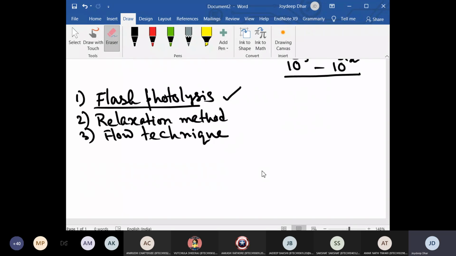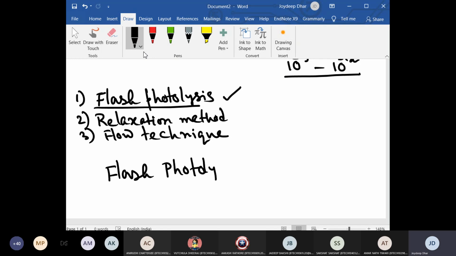In flash photolysis, what will we do? These techniques are also important to study the reaction mechanism.